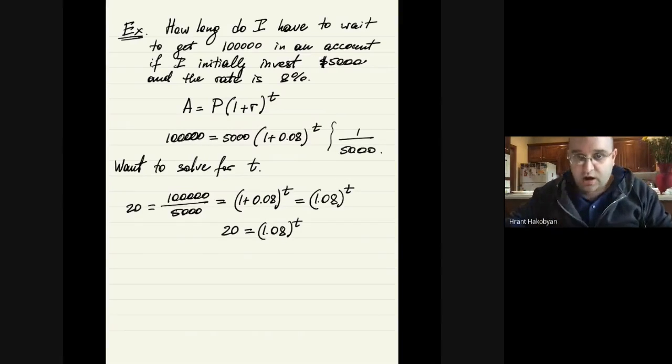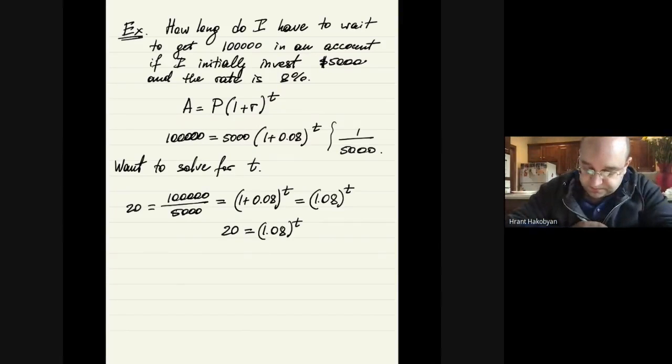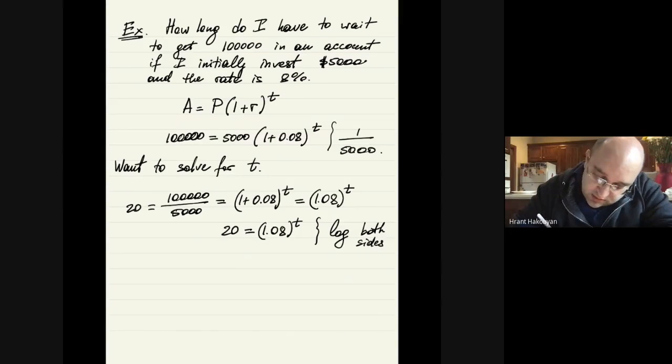Now, how do I solve an equation like this? Well, that's what we did last time when we were talking about logarithms. So we're going to take the natural logarithm of both sides. It doesn't have to be natural logarithm, it could be any kind of logarithm, with base 10, any base. So let's do natural logarithm.